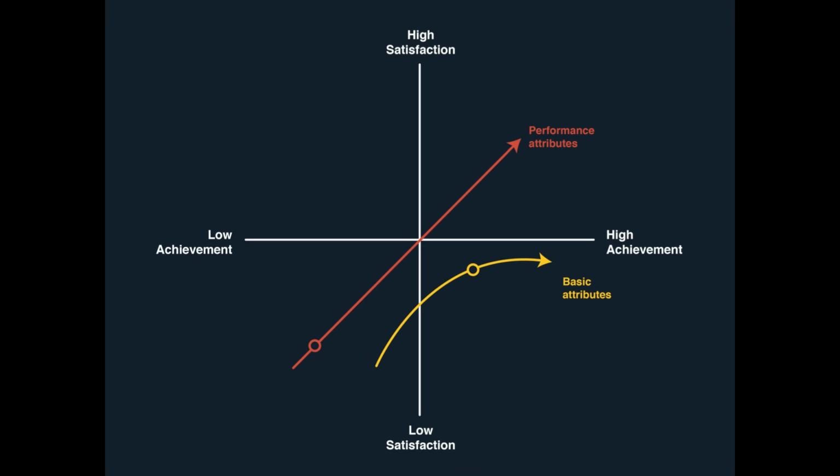And then we have performance attributes, where you could say more of it is better. This isn't the case as much anymore as it used to be in the past, but for example, having more gigabytes in your Dropbox or whatever would just be better. More of it is better. And then you have attractive attributes, where you could say these are really differentiating.